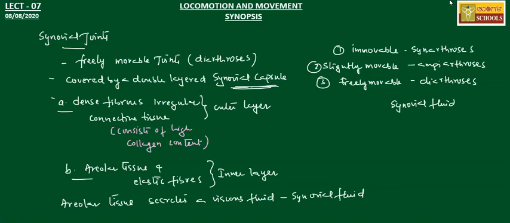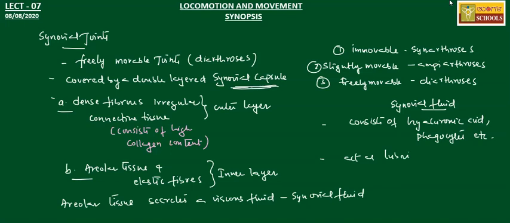The synovial fluid consists of hyaluronic acid, and it also has phagocytes, etc., which will be seen in this synovial fluid. And this synovial fluid will act as a lubricant for the free movements of the joints.